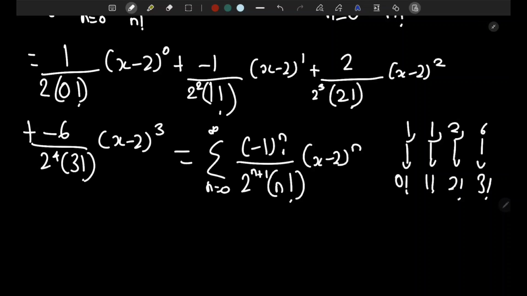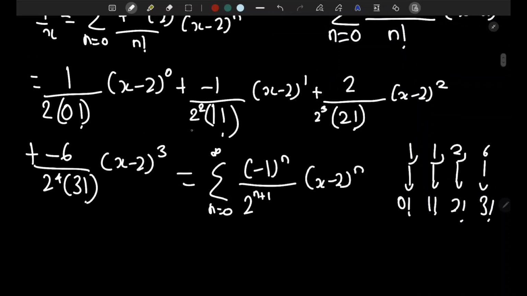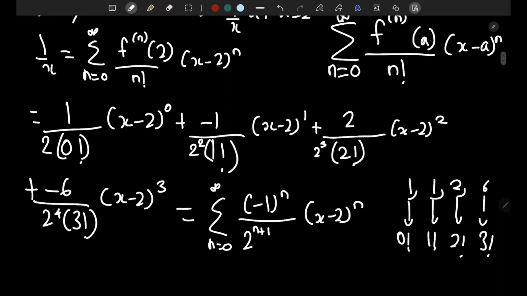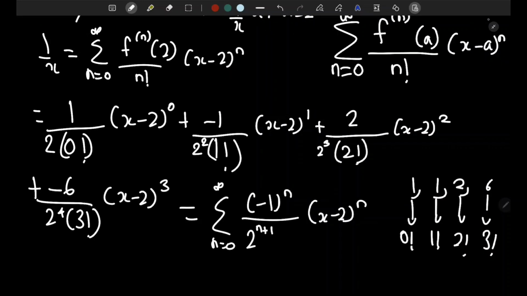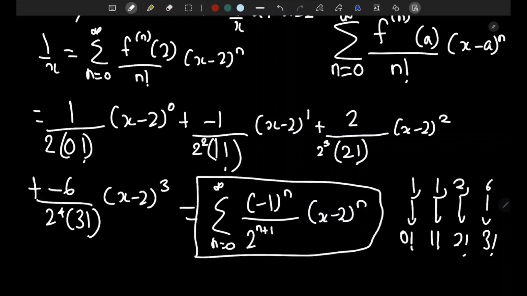So here we have n factorial in the numerator, and we can use that to cancel the n factorial in the denominator. And another thing that you might notice now is, why did we not simplify the derivative when we had 2 to the power of something? Here, that is the main reason why we wrote this 2 to the power of n plus 1. And here is the final Taylor series for this question.